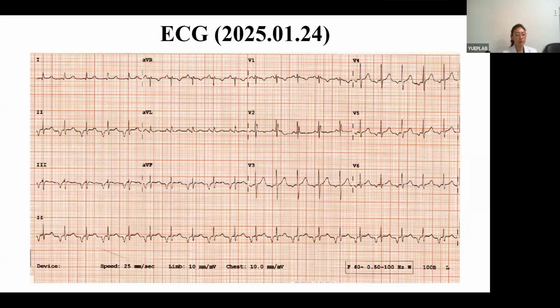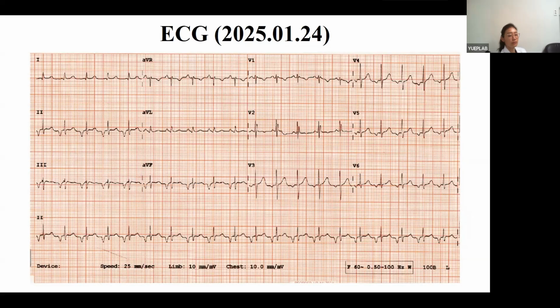When you see the rhythm strip, I think the P wave and QRS are associated one by one, but the P wave is quite big and it is negative in lead 2. I cannot discriminate the P wave well in lead 1, but lead 2 is negative, and aVF is also negative.